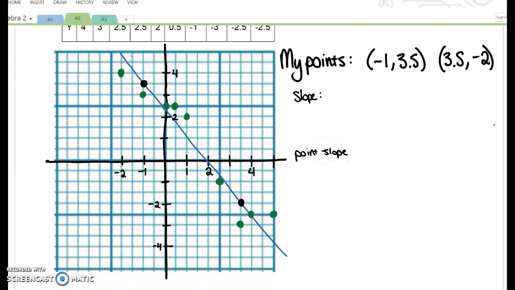Distribute, get y by itself, get your equation for your line. And you may have decimals. That is totally fine.